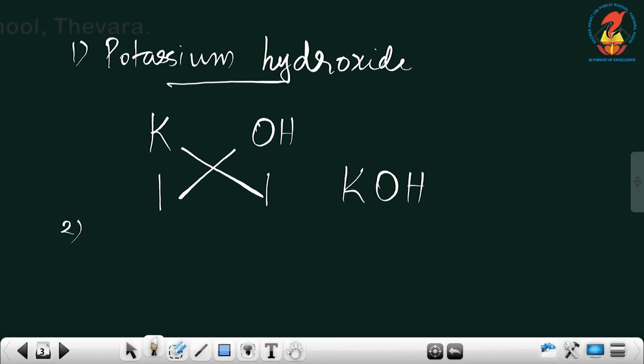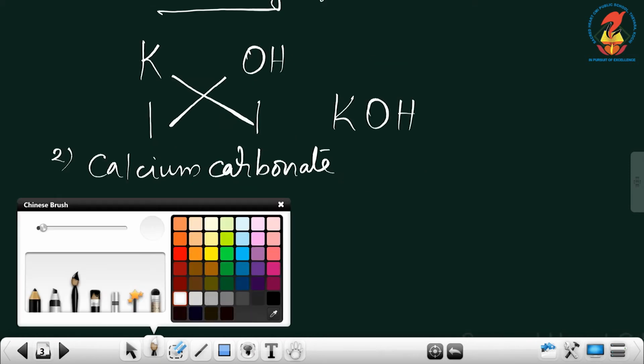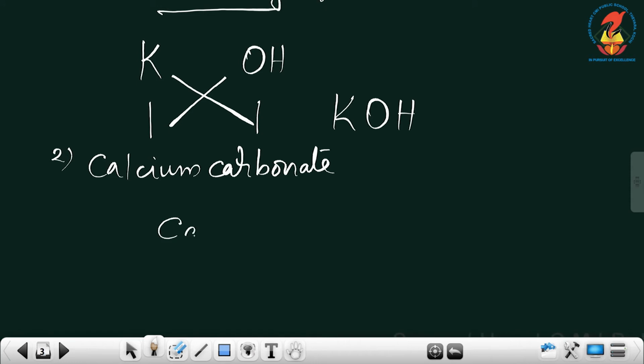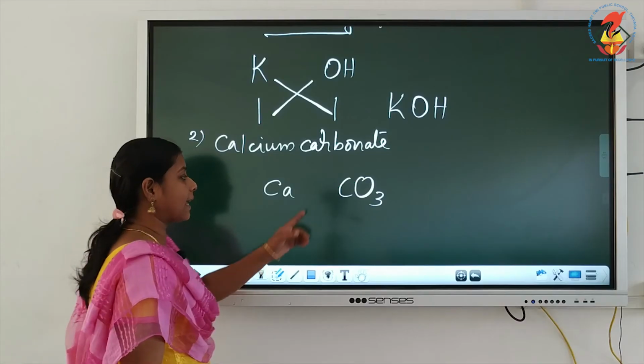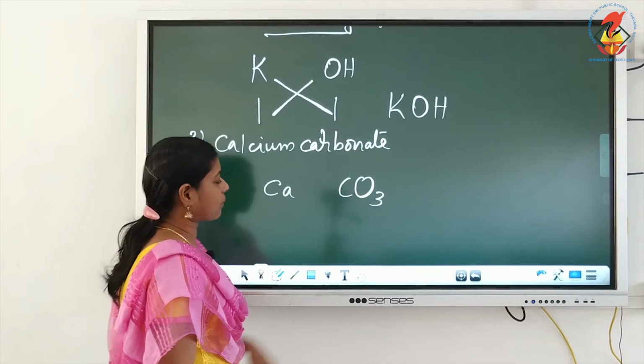Second one we can see is calcium carbonate. How will you write calcium carbonate? Calcium is Ca. Carbonate is CO3. It should be written in the same size, carbon and oxygen.